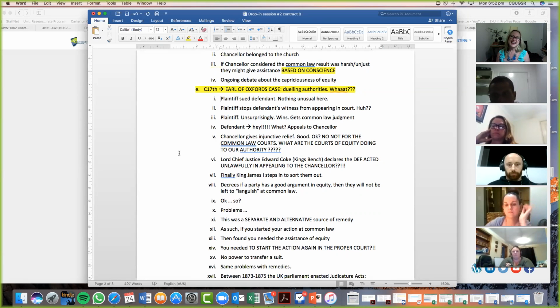So the defendant's case was rather weaker because they couldn't get their witness into the witness box. Not surprisingly, the plaintiff won the case and got their decision, according to common law, on the facts as presented to the court without this witness testimony.